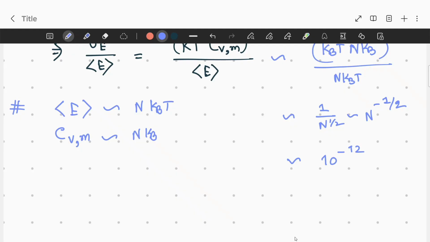You see, here n is 10 to the power 23, one mole. But let's say you have only 10 molecules, then the fluctuation is not negligible. So system size is very important. That's why in our quantum mechanical systems, we have to consider the fluctuation. We can't ignore the fluctuation part there. But here essentially we can ignore it.